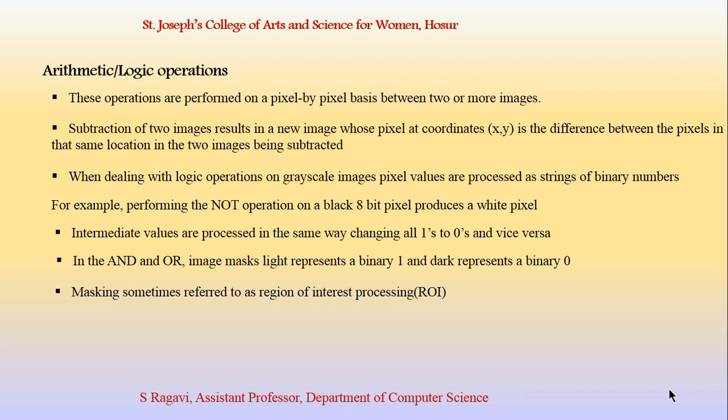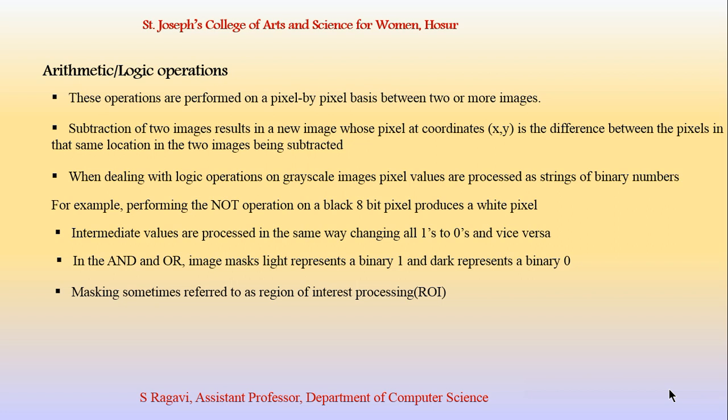For example, performing the NOT operation on an 8-bit pixel produces a white pixel. Intermediate values are processed in the same way, changing all ones to zeros and vice versa.